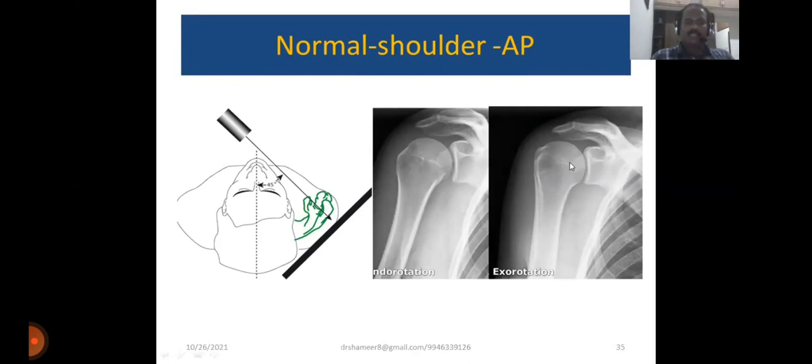There will be externally rotated and internally rotated X-rays. In our practice it is enough. So note this position. This is the way we get a shoulder X-ray in normal position. If it is at the same level, you will get it like this. If the technician is not that experienced, maybe you will get an overlapped X-ray.